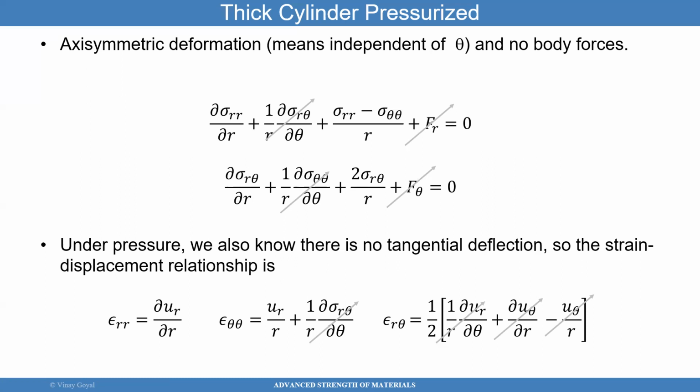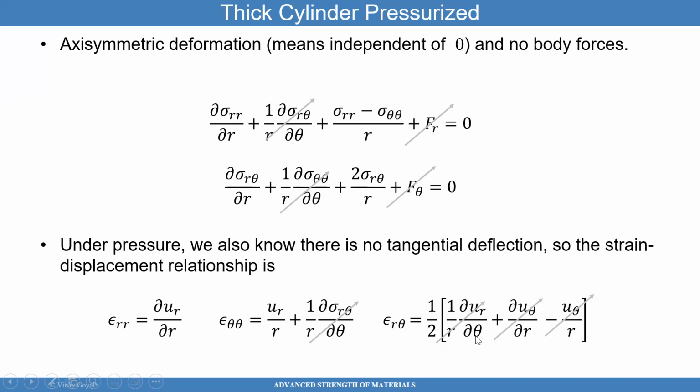Close your eyes and think about that. You put a rubber band around the circumference of that cylinder. I apply pressure, and now what's going to happen to that pressure vessel? It's going to expand radially out, right? Correct? Are you guys here? And what happens to that rubber band then? It changed length, right? It expanded. So that is the strain that we're talking about. That is epsilon theta theta, physically speaking.